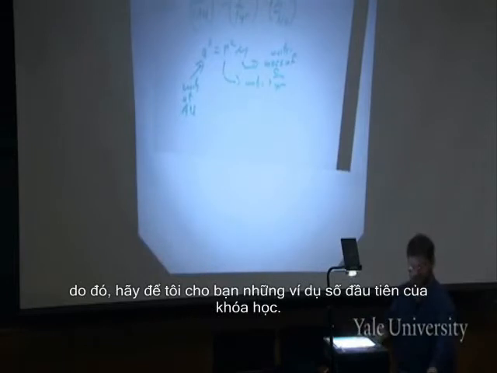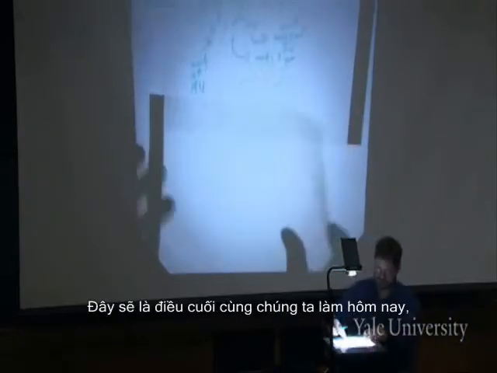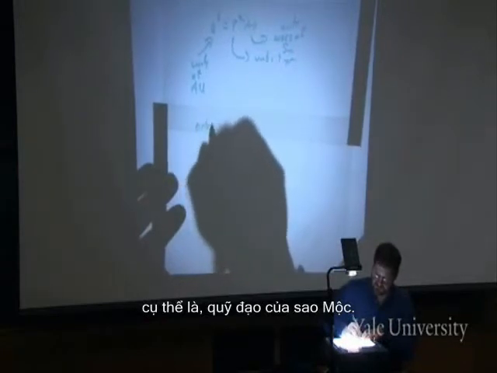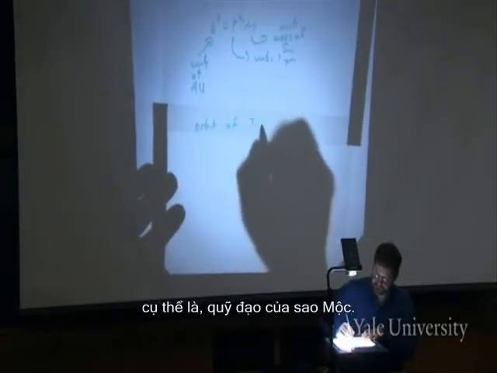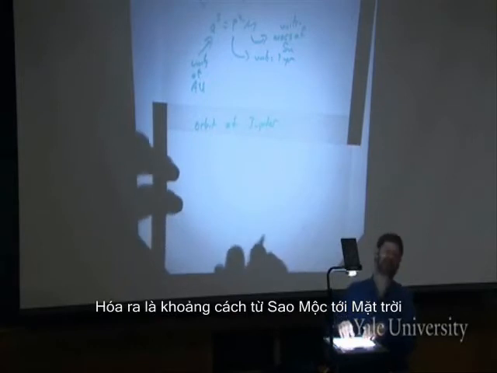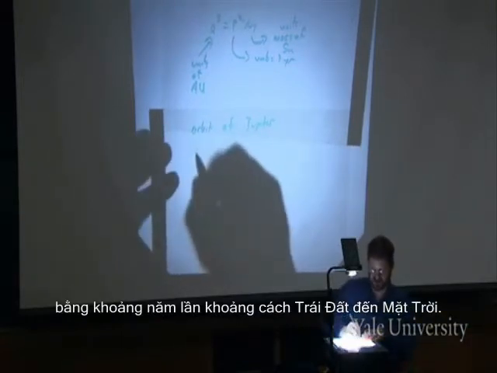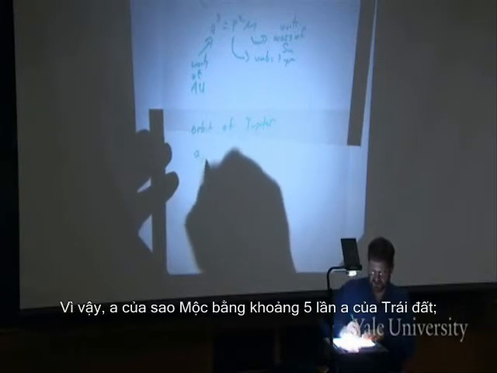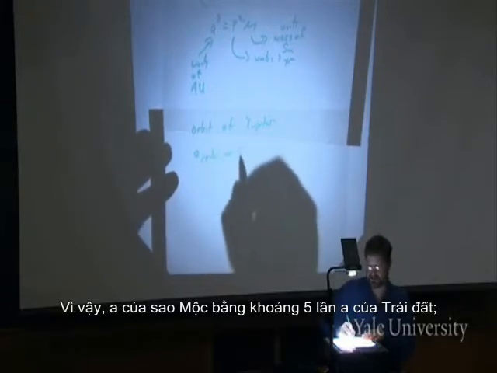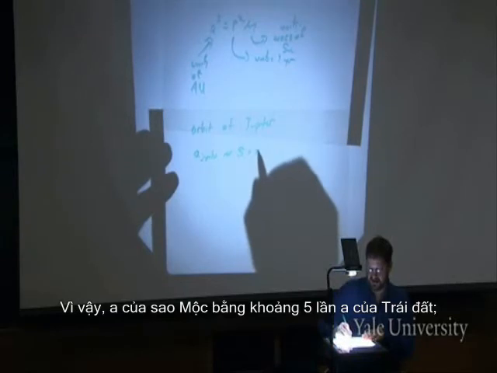So let me give you the first numerical example of the course. This will be the last thing we do today, namely the orbit of Jupiter. Turns out the distance from Jupiter to the Sun is about 5 times the distance of the Earth to the Sun. So a of Jupiter is approximately 5 times a of Earth.